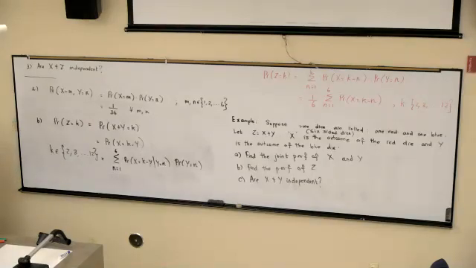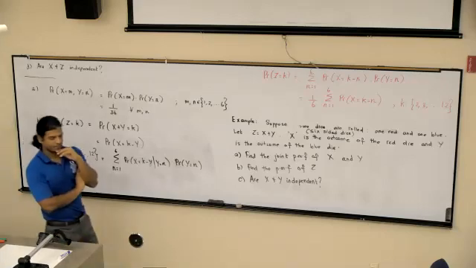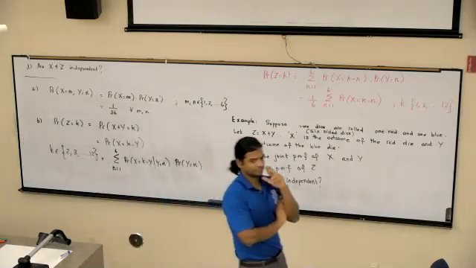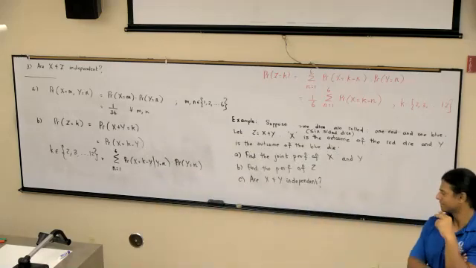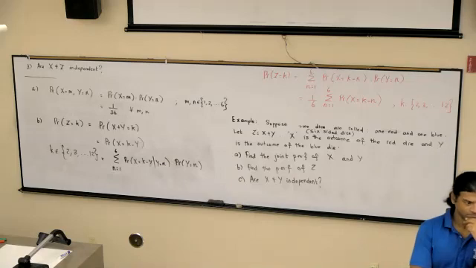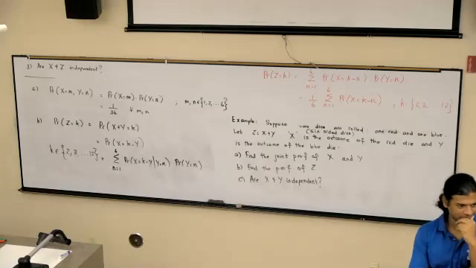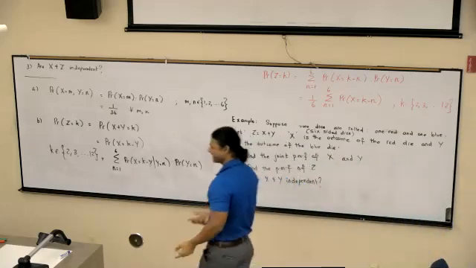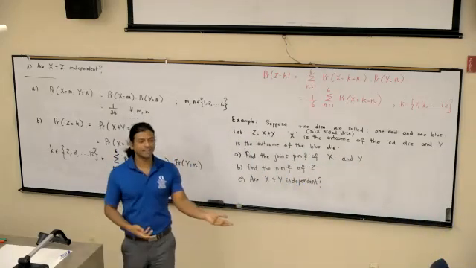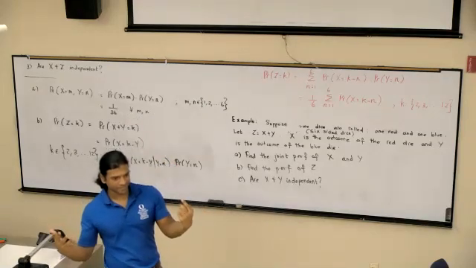What about part C? Are x and y independent of each other? Because one die shows one outcome, another die shows another.